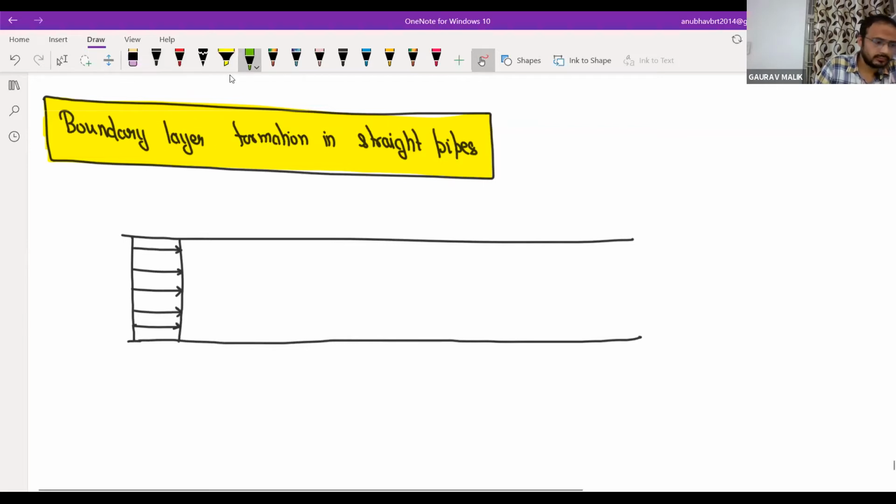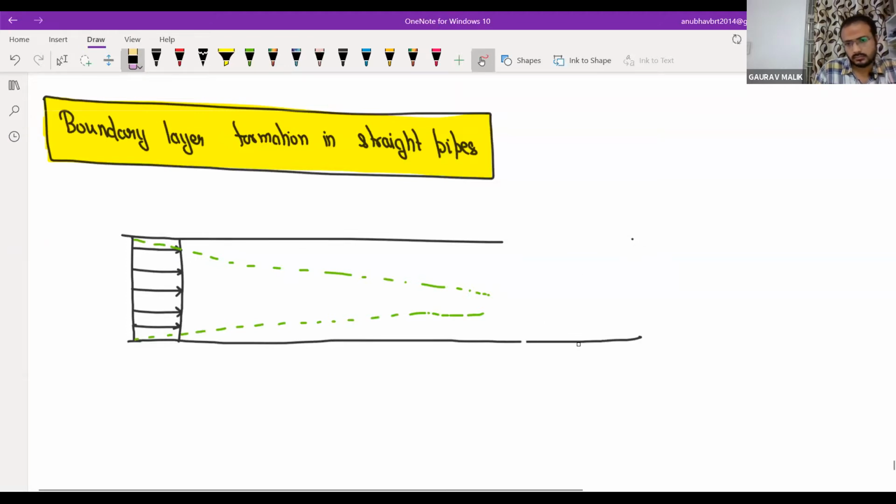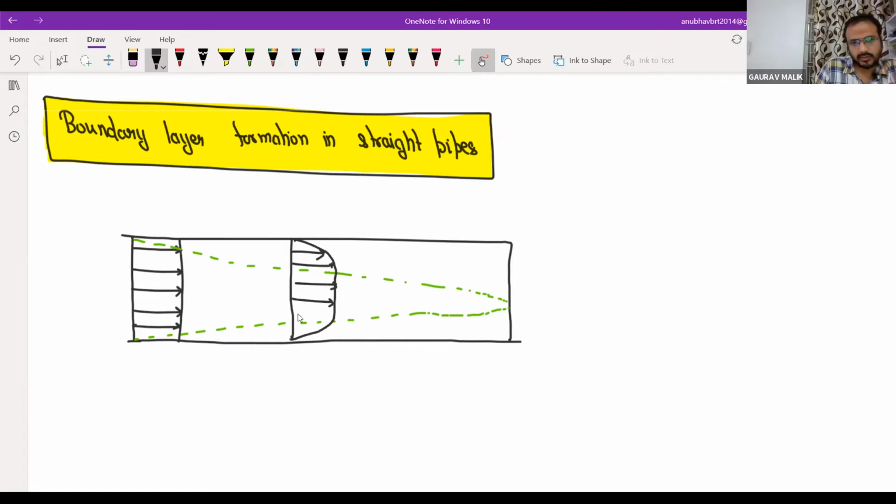But as time will pass, then velocity profile will be like this.